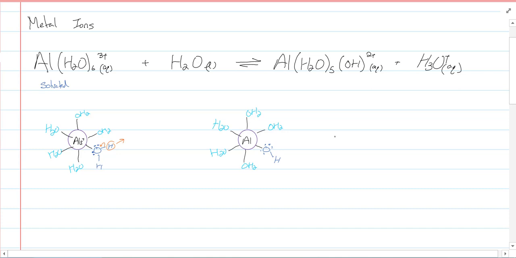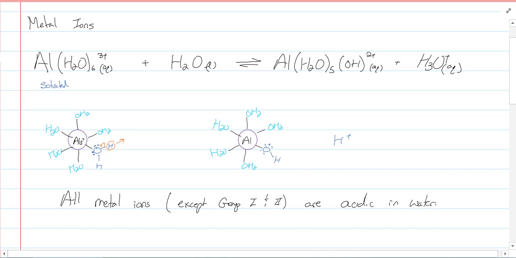And then the H+ is floating around. So basically, we made an acid. So all metal ions, in our course, except group 1 and 2, are acidic in water. They actually produce H+. So all the metal ions can be acidic. Kind of neat.